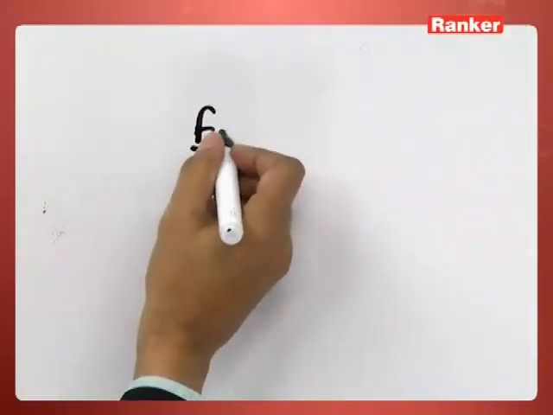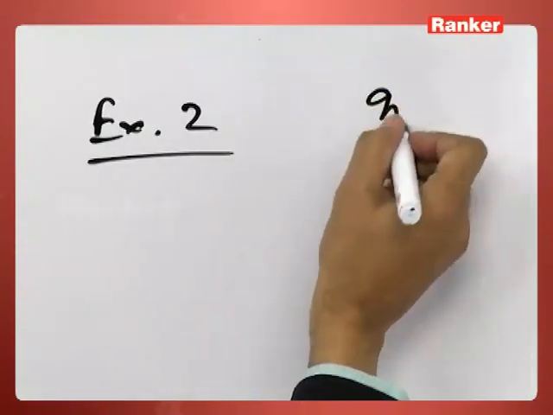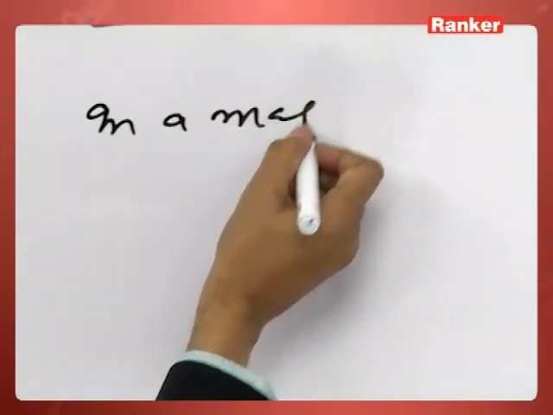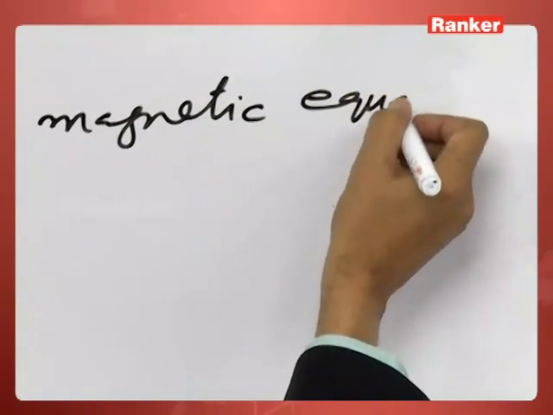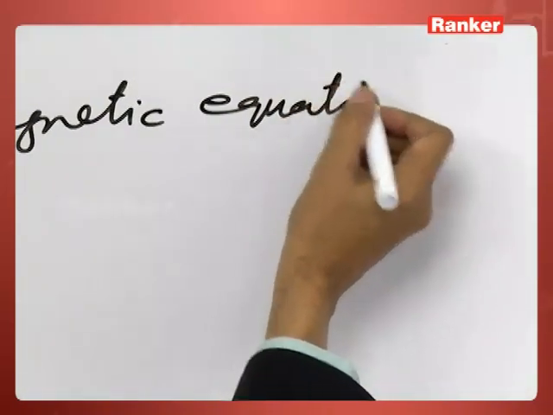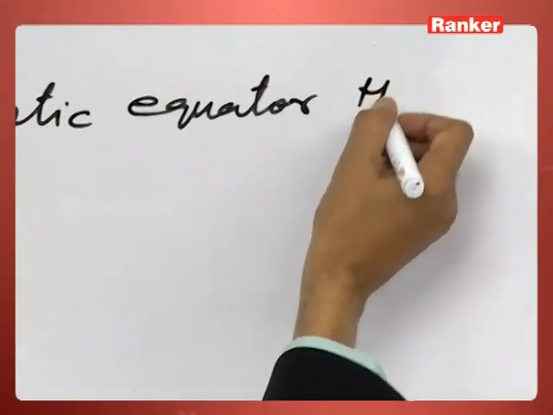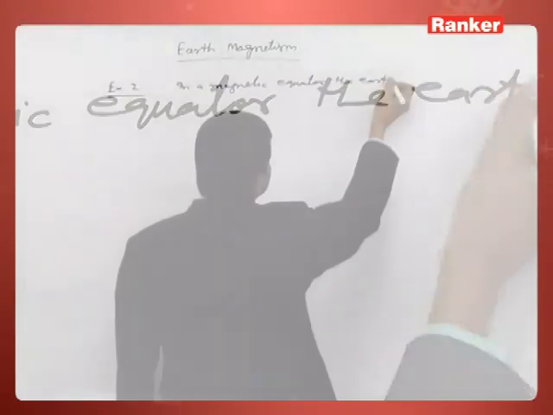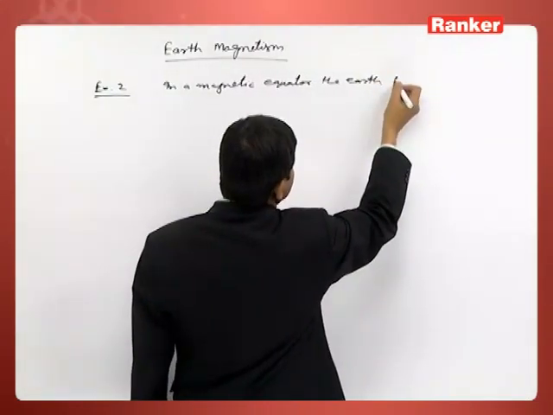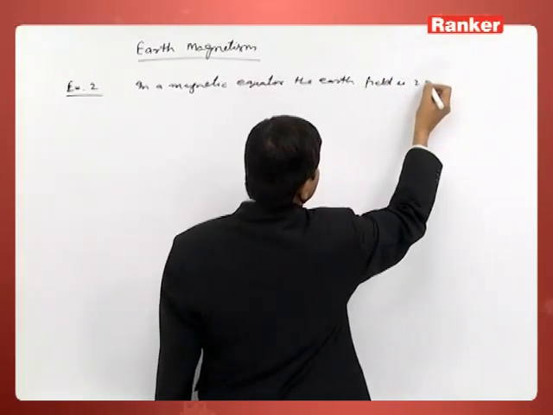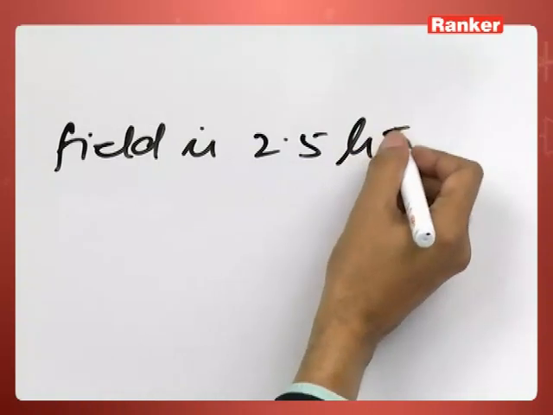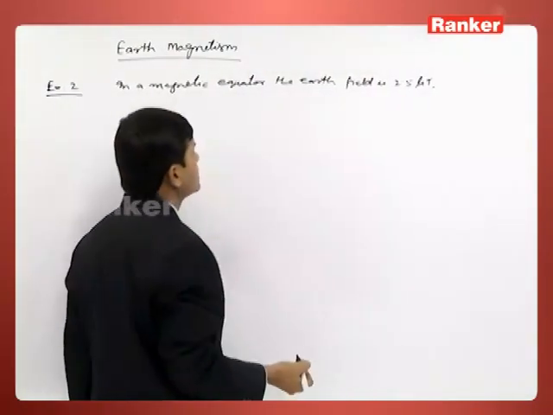Now see another example. At the magnetic equator, the earth field is given as 2.5 microtesla.